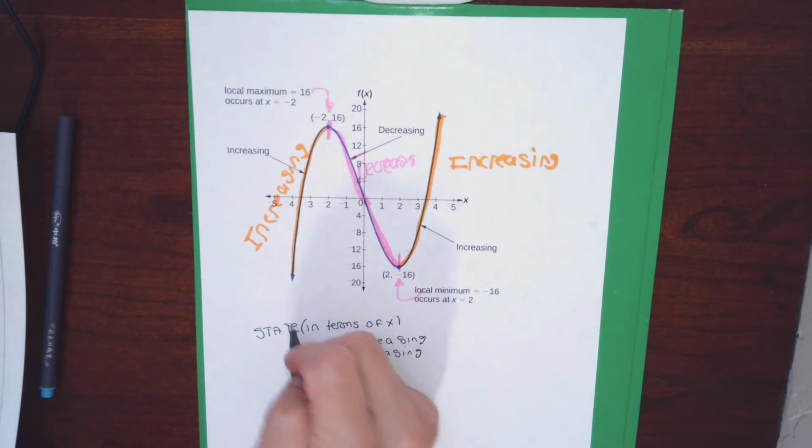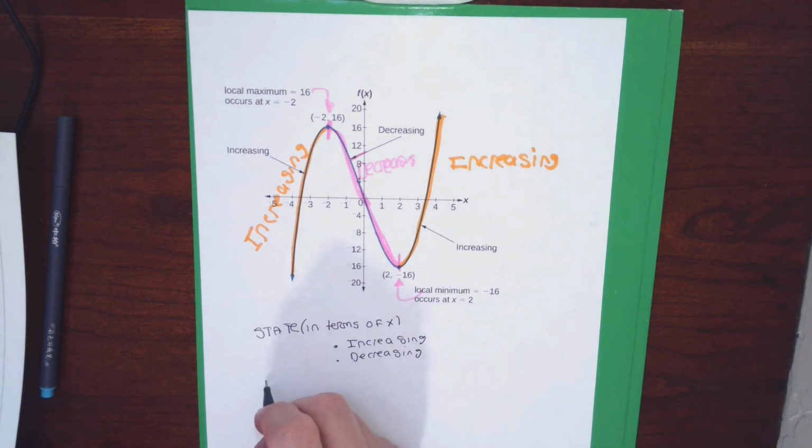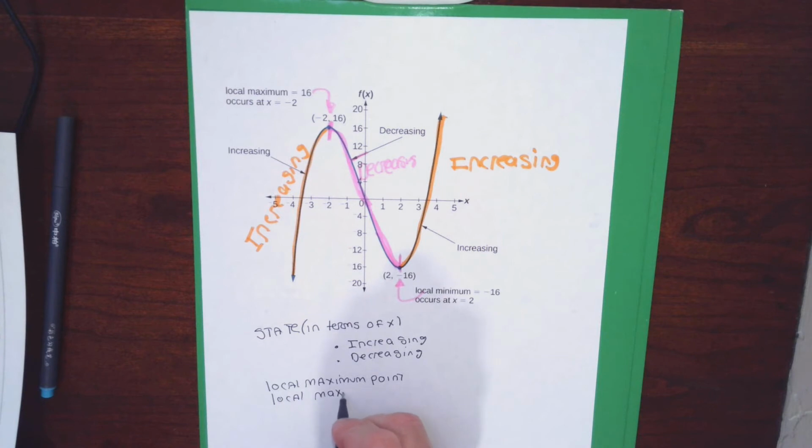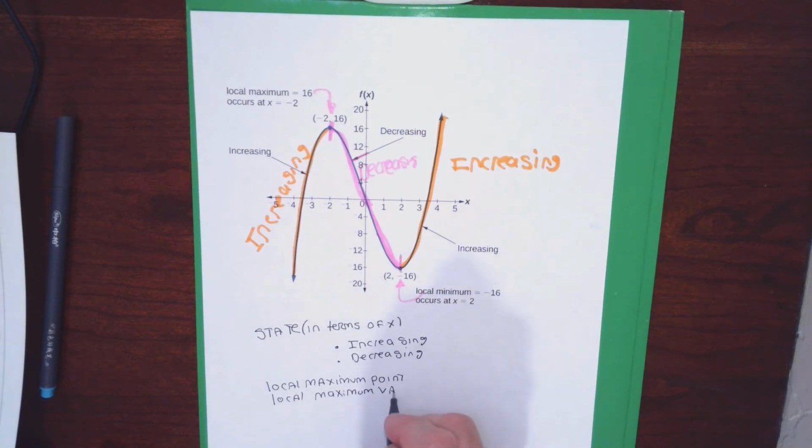And then we also need to find any local maximum points and the corresponding local maximum value. And this graph that I stole from Google kind of spills the beans on what I'm going to want to show.